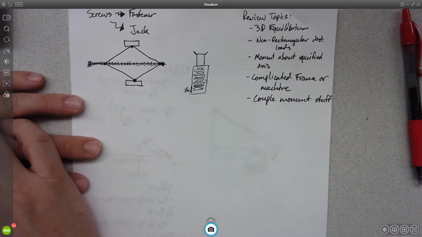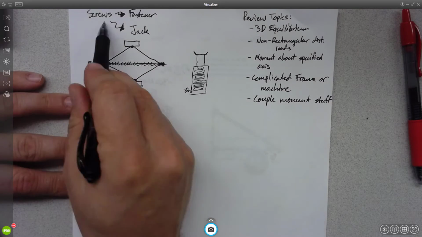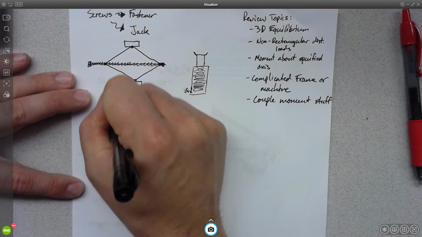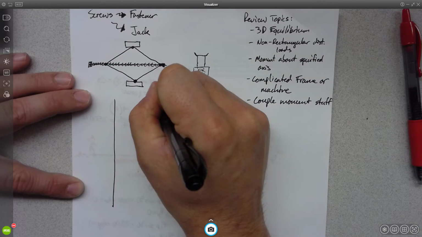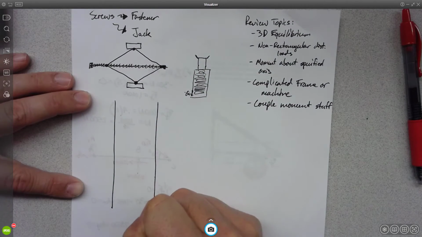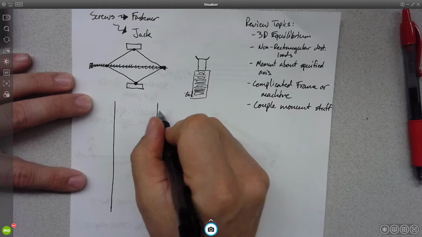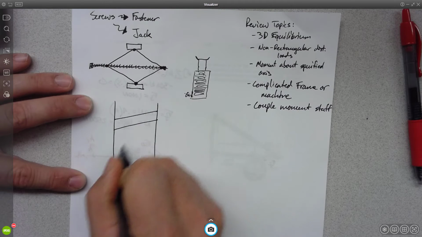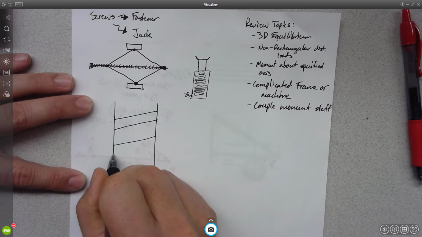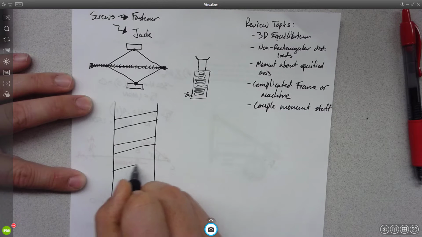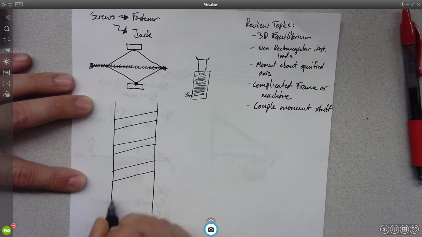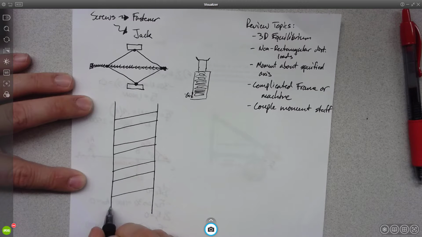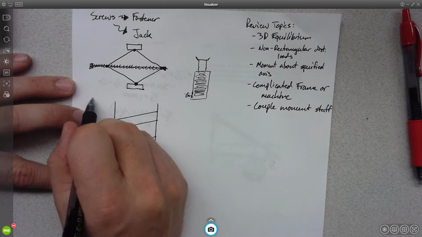So how do we analyze the friction that's going on here? It turns out that a screw, if we look at it, I'm going to draw a close-up of a screw. Okay? And if we looked at this, we could say that the screw has threads, right? And that the threads are usually at a diagonal, sort of like a barbershop light, right? And the way a screw functions, maybe I'll make this a bolt.